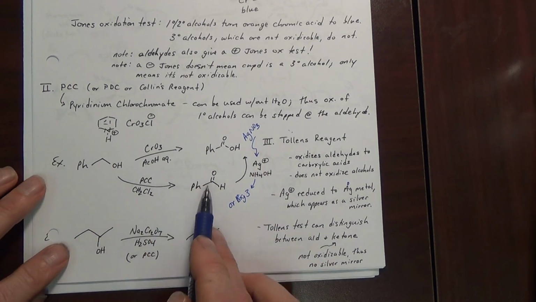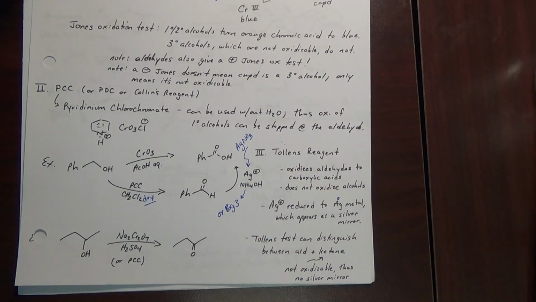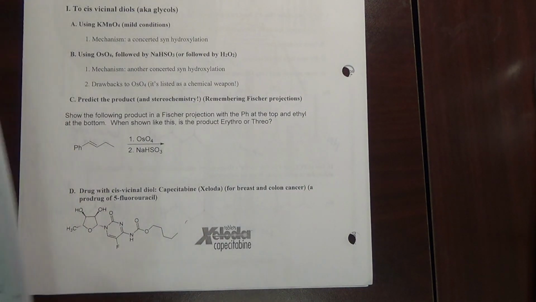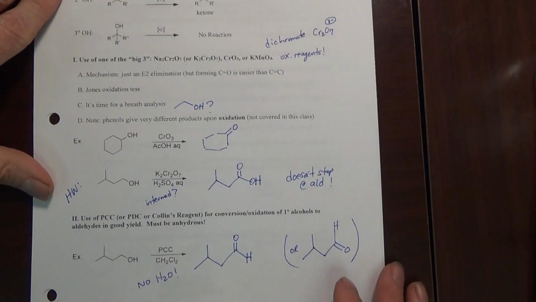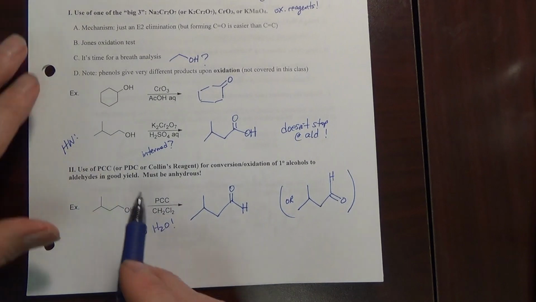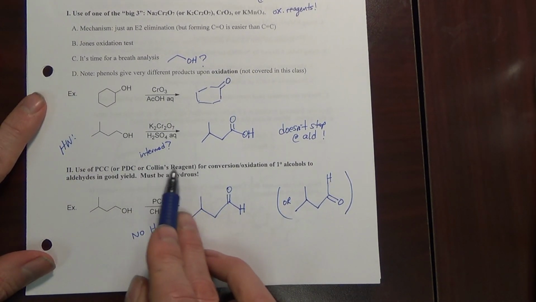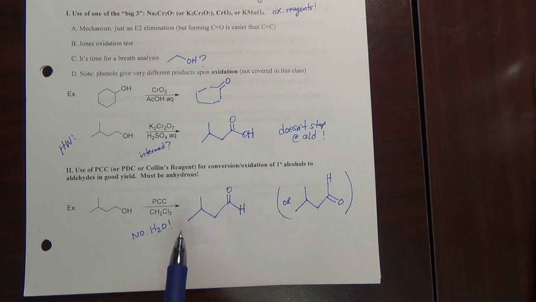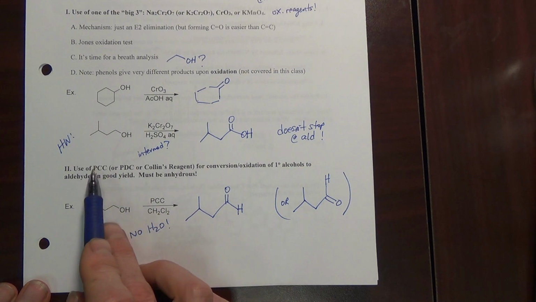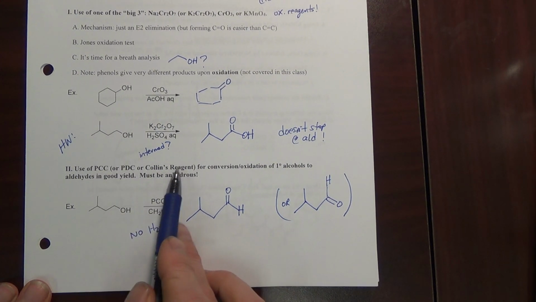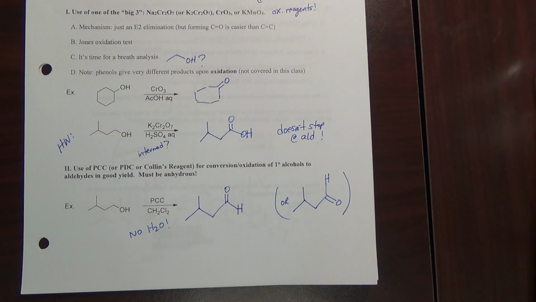PCC will stop at the aldehyde, because you're going to use it dry. Now, PDC is a variant of PCC. If you look that up on Wikipedia, you don't see these much anymore. But any of these 3 is typically going from primary alcohol to aldehyde.